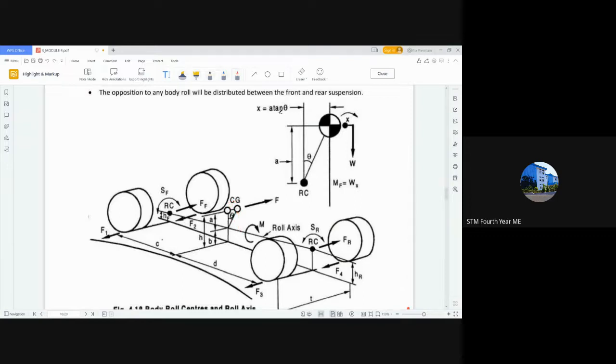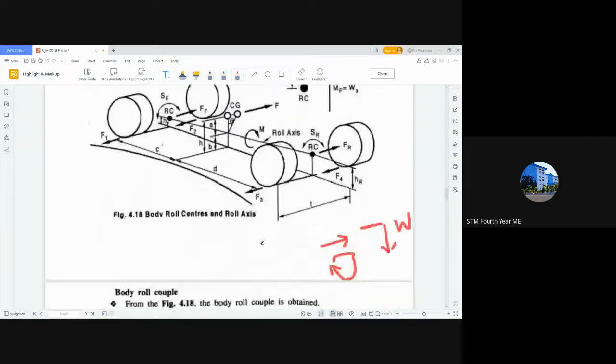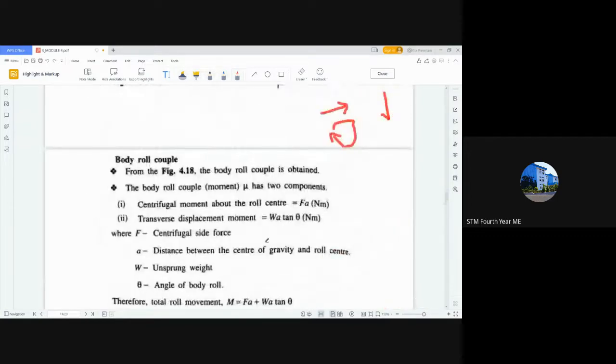So please write down the transverse displacement moment is equal to W into X, which is equal to W into a tan theta. Due to the displacement moment only, the body rotates, and that moment is equal to W a tan theta.